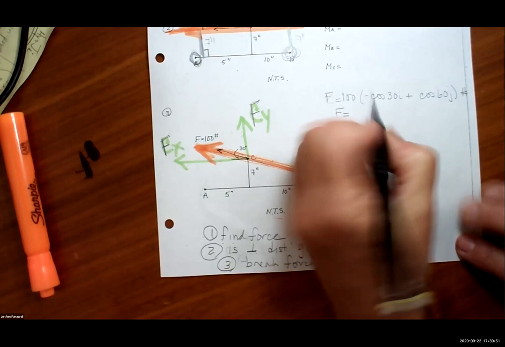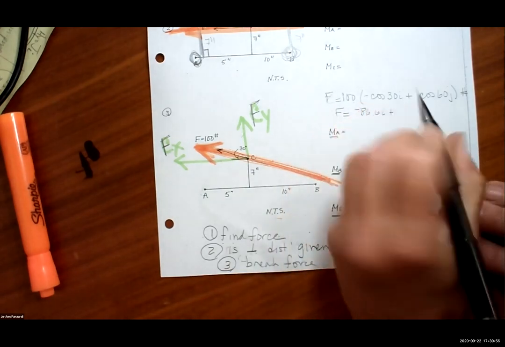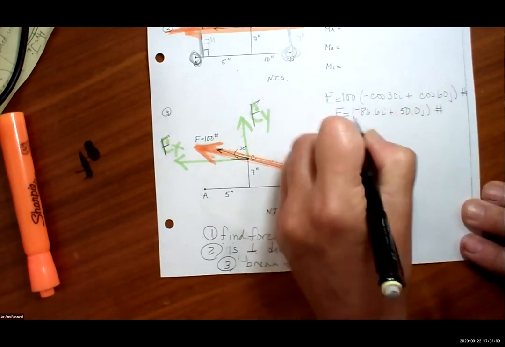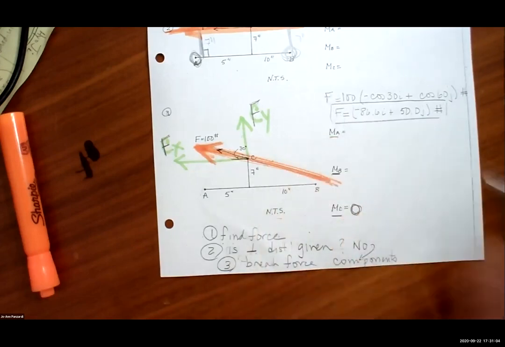It comes out to be negative 86.6i plus 50.0j pounds. And then what should I do once I calculate that force? Not moments.